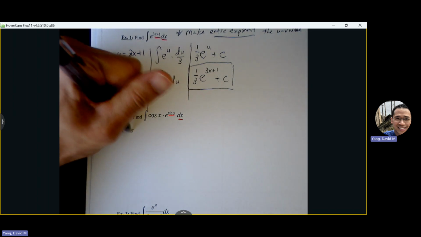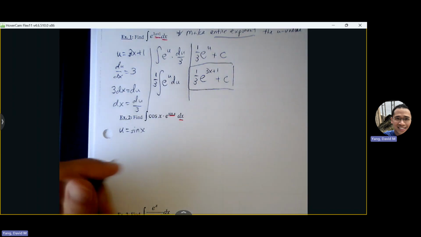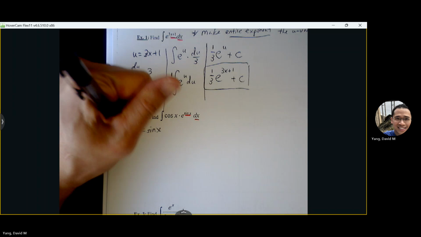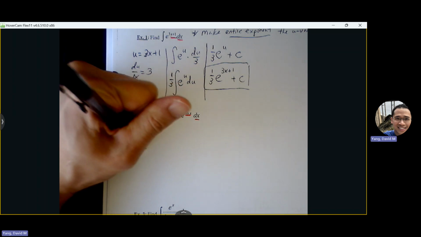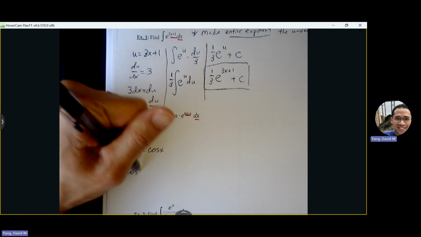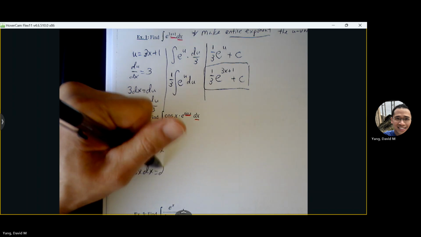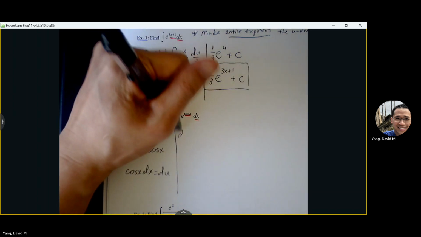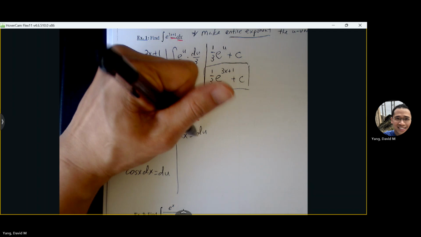So our u value here is the exponent, sine of x. du dx: the derivative of sine is cosine. Cross multiply, solve for dx.